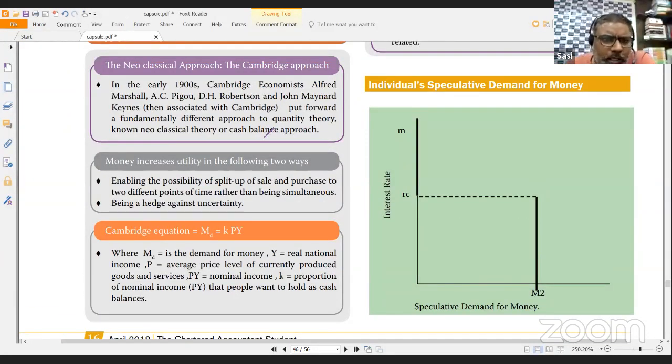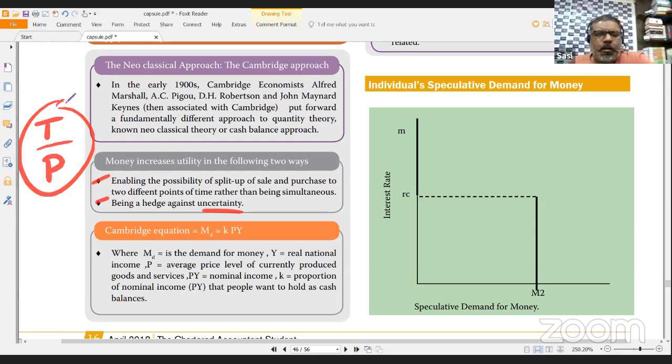According to the neoclassical approach or Cambridge approach, one more thing is added. Of course, there is transaction, plus there is a hedge against uncertainty also. They want to have money as a precautionary motive also. If something happens in future, I should have money with me, so I will save it.